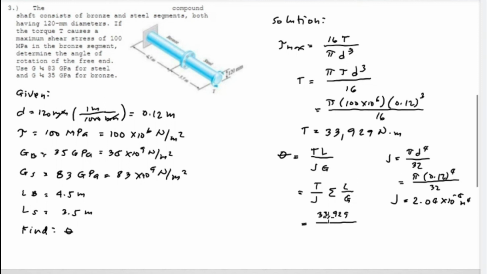So we have here 2.04 times 10 to the power negative 5.